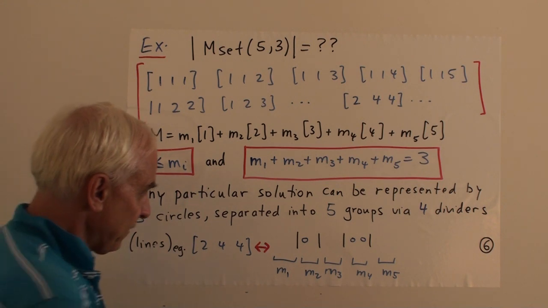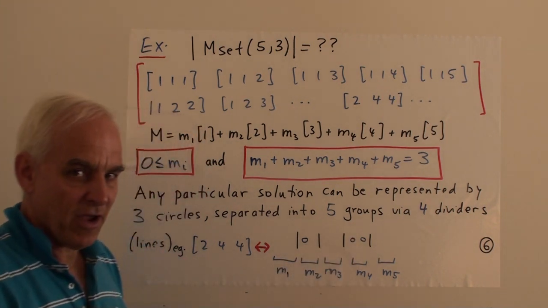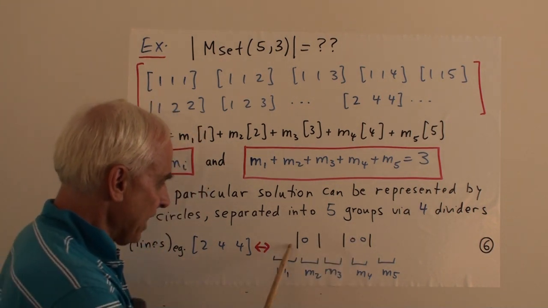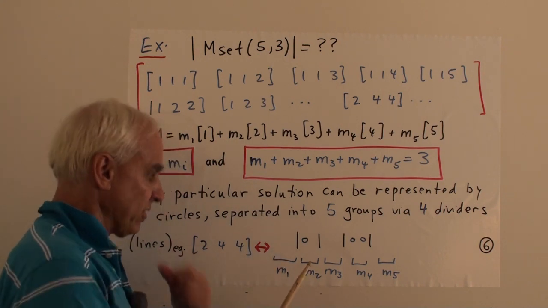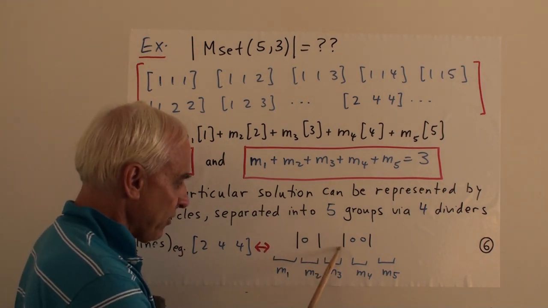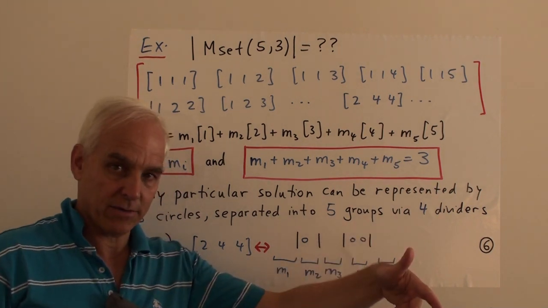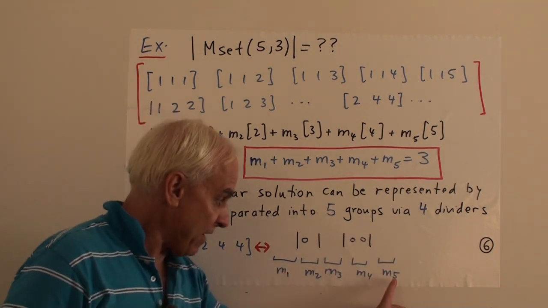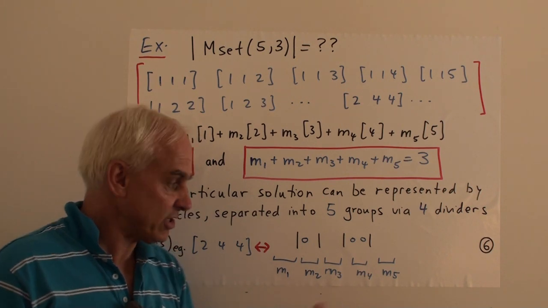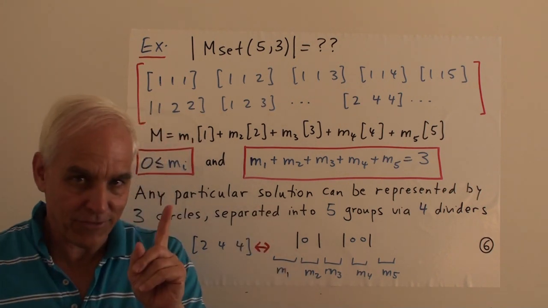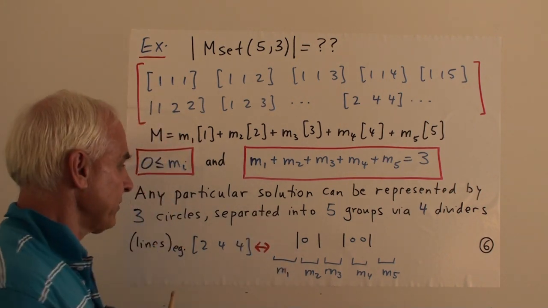Notice that these 4 dividers actually give us 5 regions. There's the M1 region before the first divider, then there's M2, and then M3, and then M4, and then M5 after the last divider. So to get the 5 regions, we need 4 dividers. That's going to be an important point.